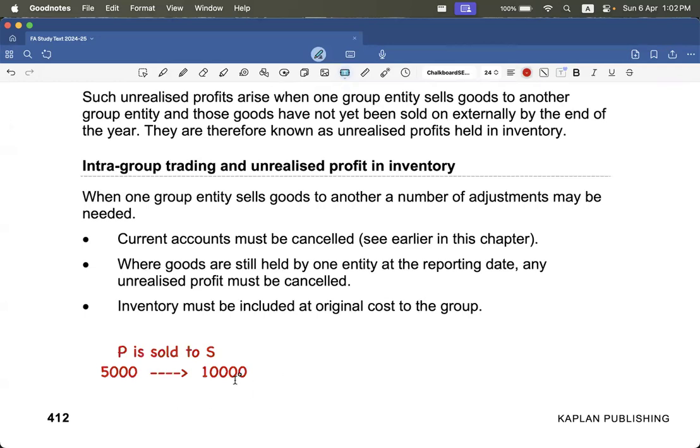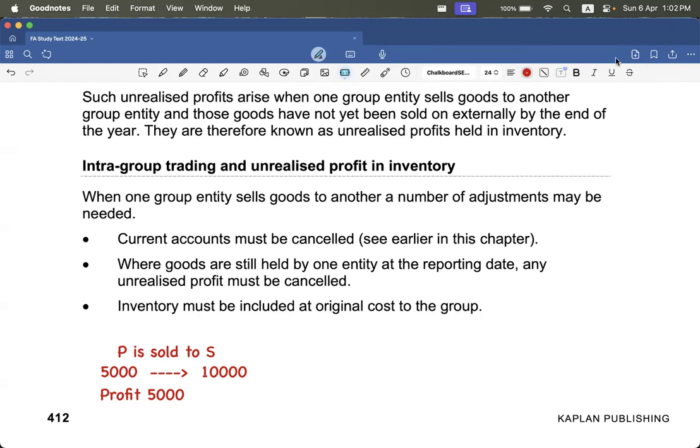What is the profit that P gets here? It's 5,000, no doubt. So S has 10,000 inventory which S bought from P.